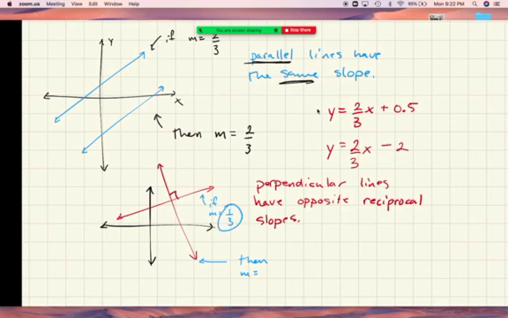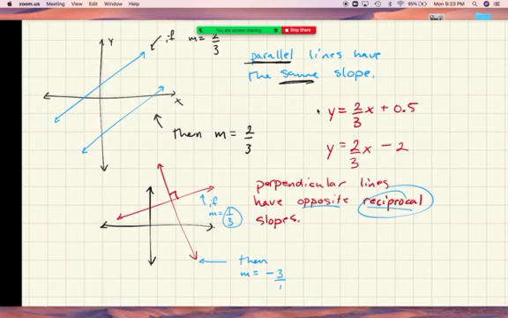The opposite of positive is negative, so this would be a negative. And then reciprocal just means flip this over. So -3/1. So opposite, reciprocal. Opposite means opposite sign. Reciprocal means flip it over.